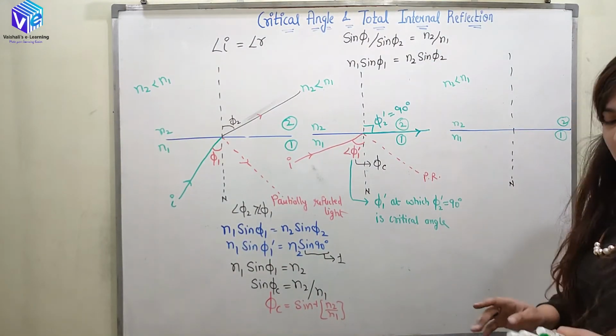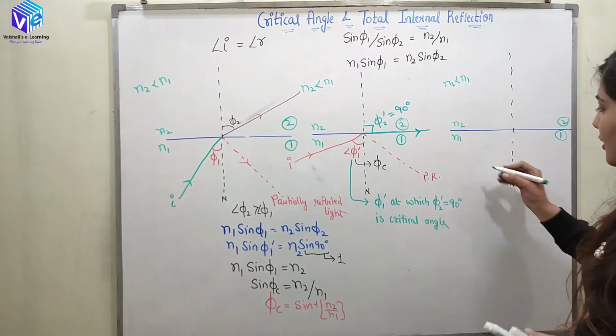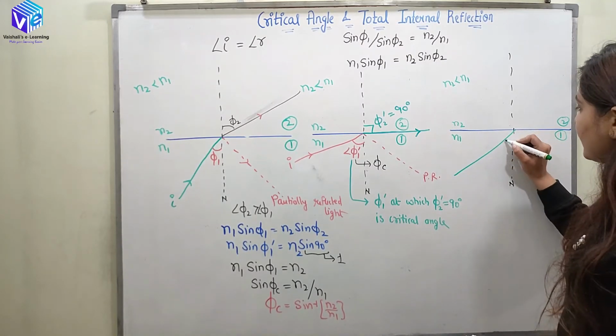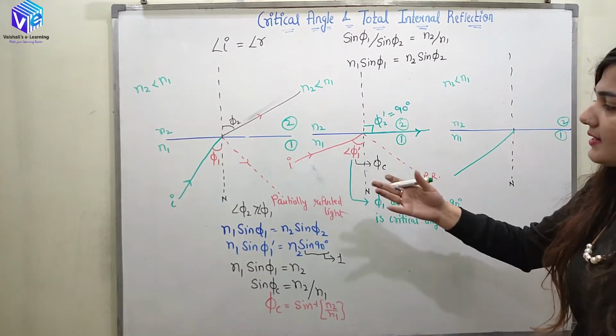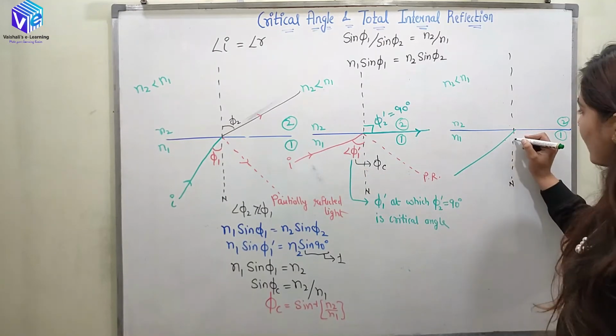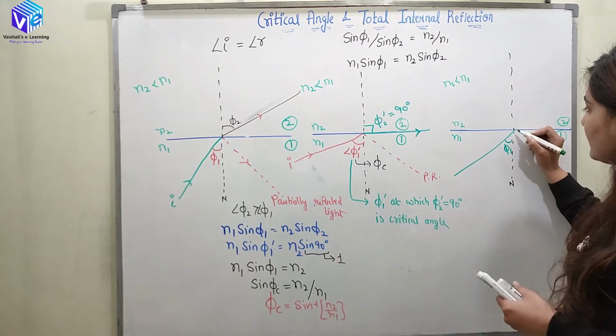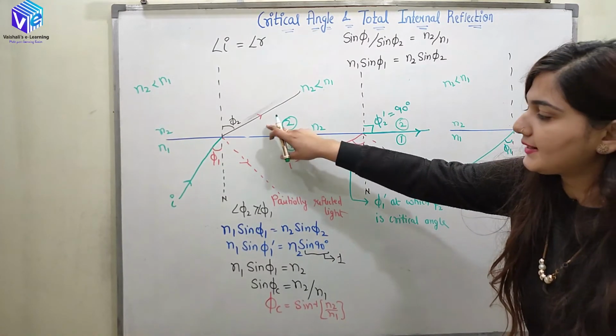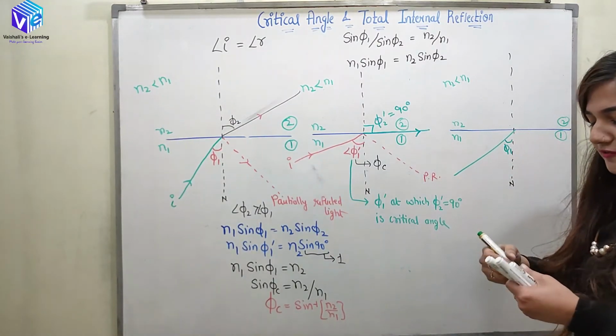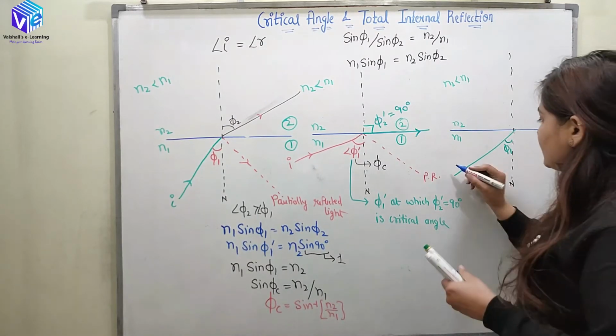Now coming to the total internal reflection. So now again I have the incident light, and I am again increasing the angle. So this is my angle phi 1, this is my first ray. In this case I was having the refracted as well as partially reflected light. So this was my second case.